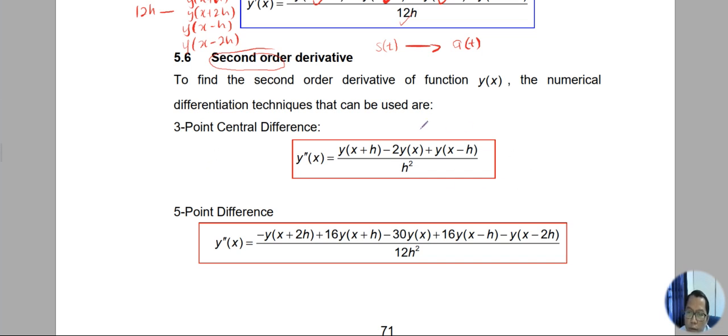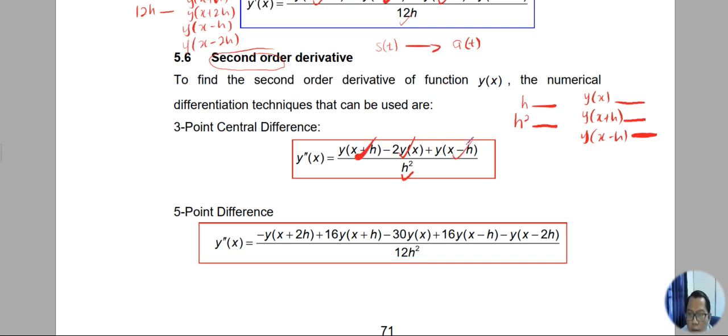Based on this particular formula, first you have to determine the h value, the step size, and then h squared, and then again y(x), and then y(x plus h) and y(x minus h).